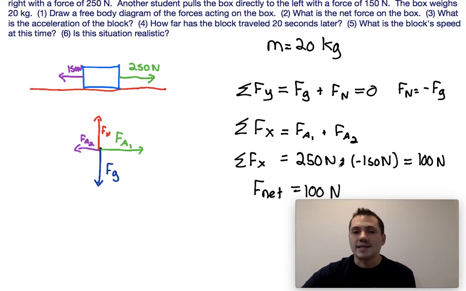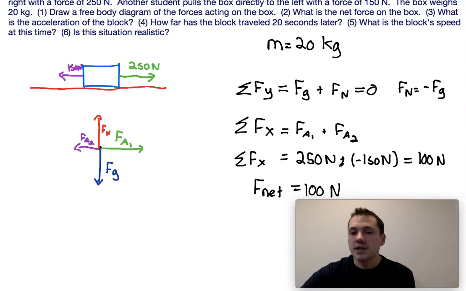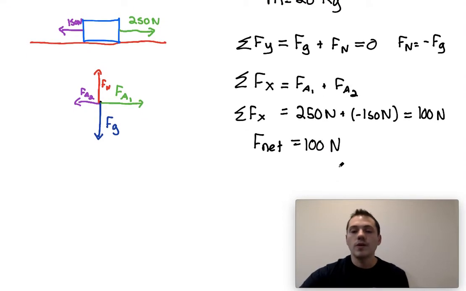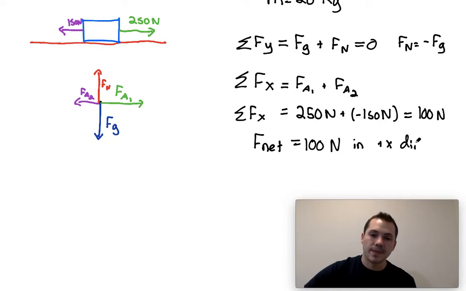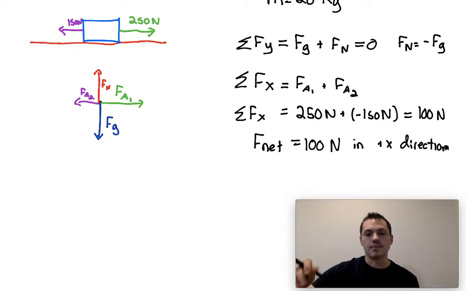Question 3 then asks us, what is the acceleration of the block? Well, we know the net force is what determines the acceleration because the net force is acting to the right. So here I could say 100 newtons in the positive x direction. We know that our acceleration is going to take the same directional value.